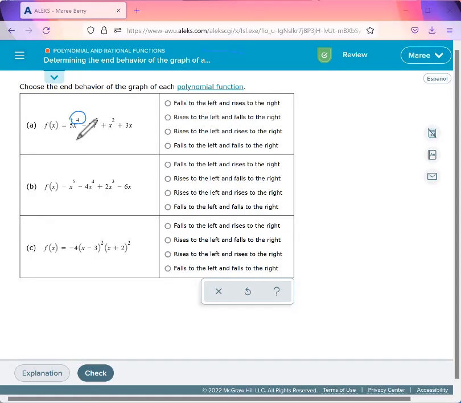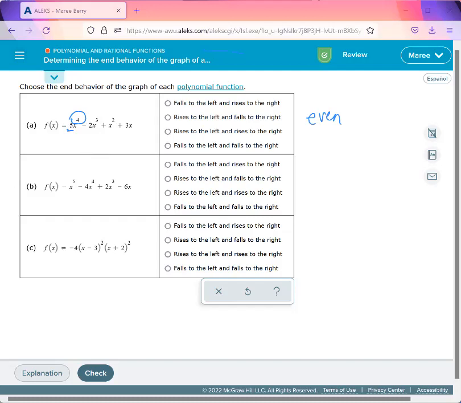If that degree is even, we'll also look at the number in front of the highest-degree term of the polynomial. We'll call that a sub n.